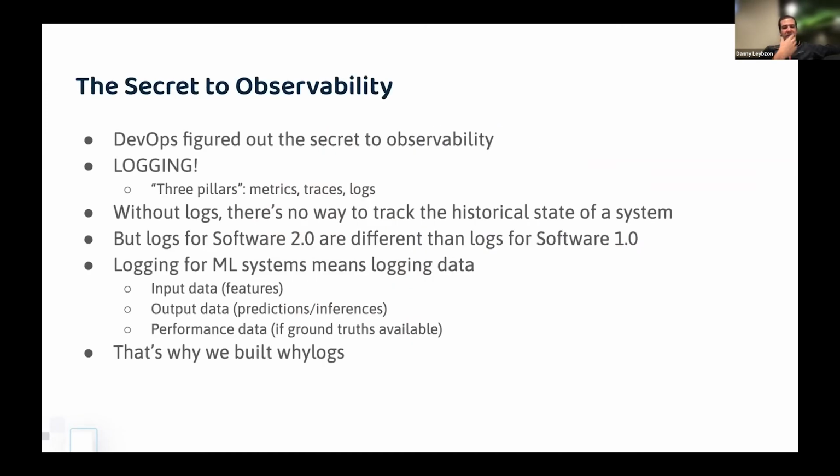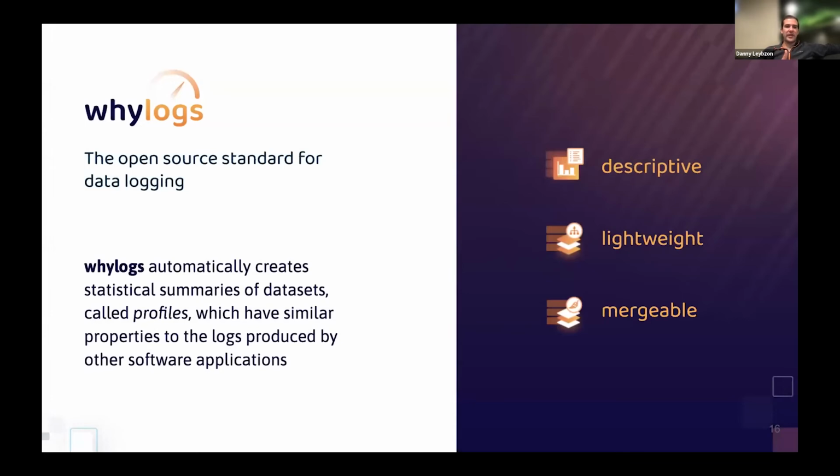So with this understanding of what was needed in order to be able to get observability into ML systems and be able to debug problems with machine learning models and systems, we built this really cool open source software library called WhyLabs. So WhyLabs is created as the open source standard for data logging, right?